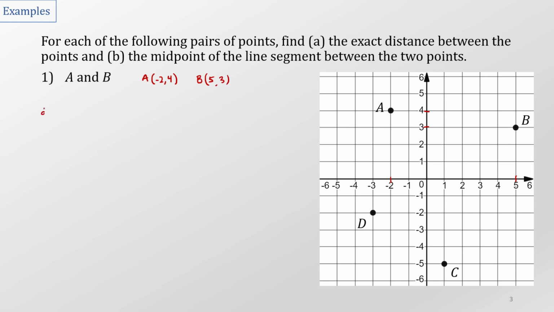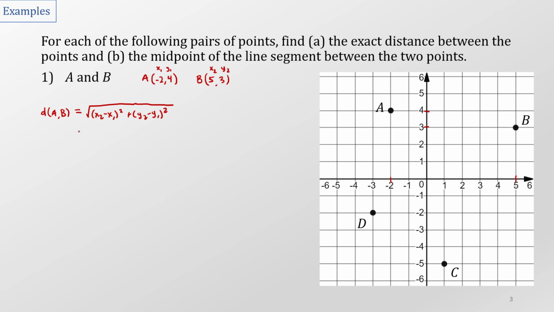The distance, let's recall our distance formula, will be the square root of x2 minus x1 squared plus y2 minus y1 squared. If we call A the first point, it has coordinates x1, y1, and B has coordinates x2, y2.